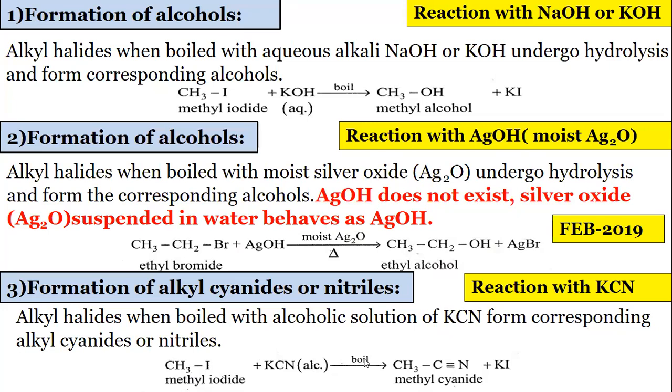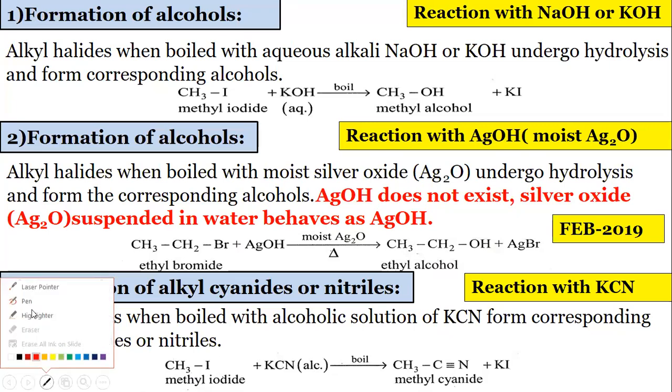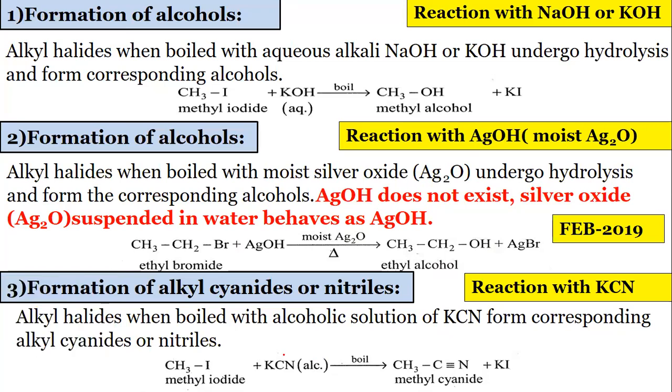Boil, reflux. The nucleophile here is cyanide, CN minus. It will replace the iodine, iodine will be removed, and this iodine will combine with potassium and we get KI.